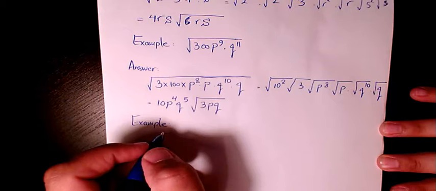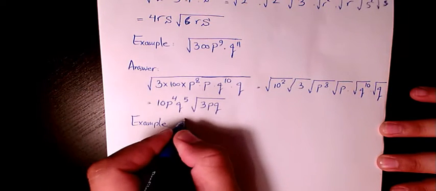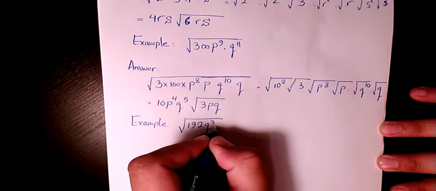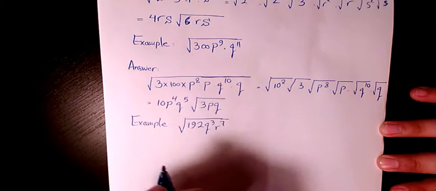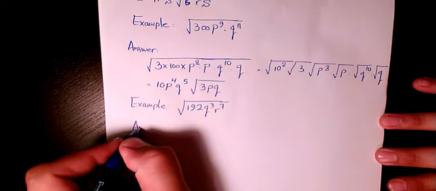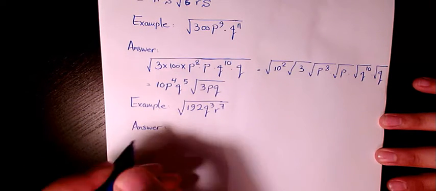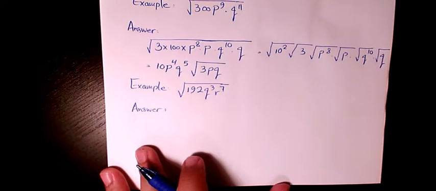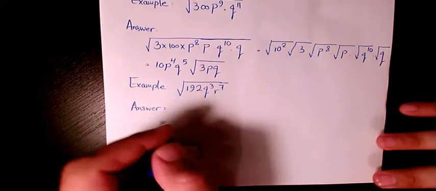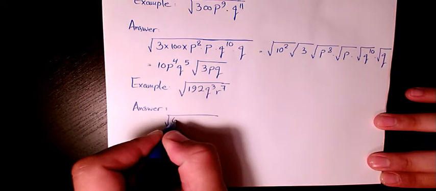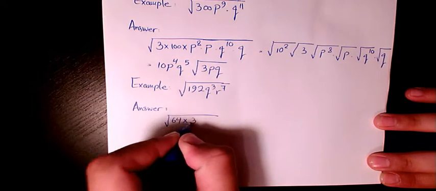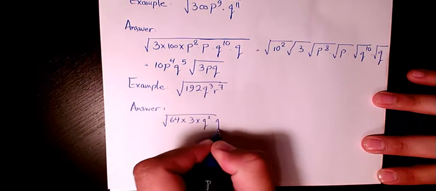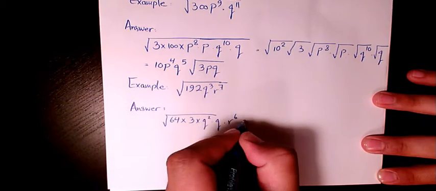We have the square root of 192 q to the power of 3 r to the power of 7. Answer will be 64 times 3 makes it 192 times q squared times q times r to the power of 6 times r.